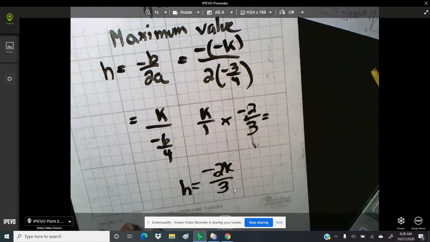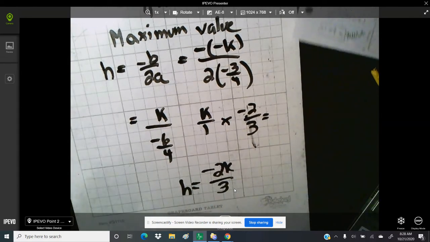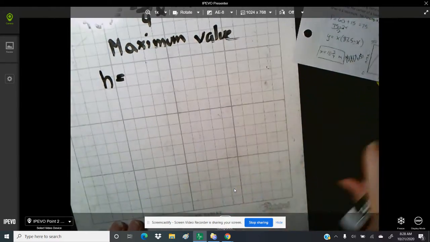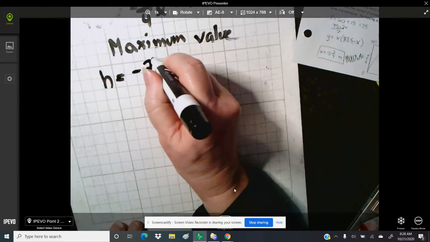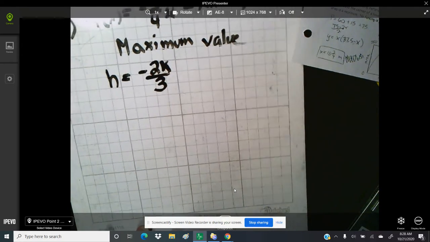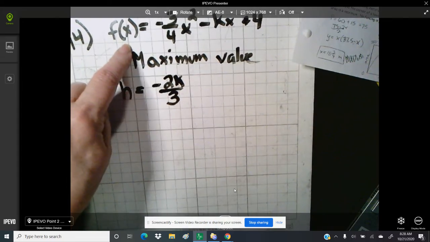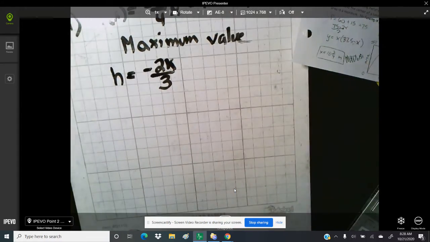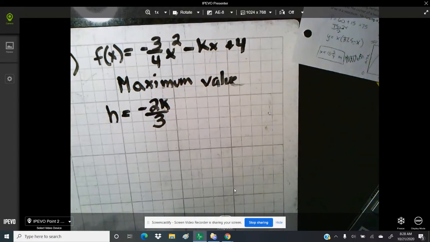So now I know that that is the h value, or the x value, of my vertex. Let's write that up here. So now we know that the h value is minus 2k over 3. But they didn't ask me for the h value. They actually wanted to know the maximum of y. So now I have to plug this back in for x and simplify the equation.